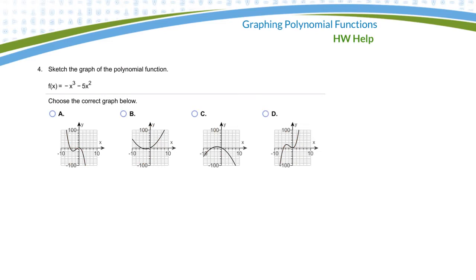Sketch the graph of this polynomial. It's a cubic, negative, so it has to start high, end low. Oh, I don't know about that. Those aren't showing us the whole graph. Can't be that one. I'm leaning toward this. The y-intercept is 0, because there's no constant term, so it'd be 0. That has a y-intercept of 0.